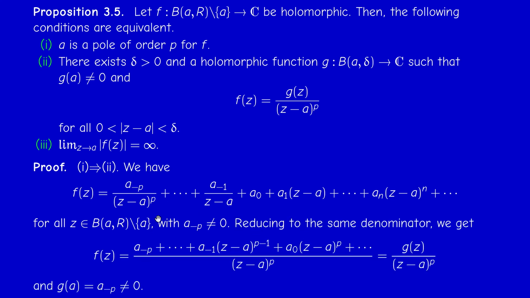If I reduce to the same denominator, I get this expression. Now the numerator is actually a power series, and I call it g of z. And g of a is a_{-p}, because all powers vanish except the first one, and this is not 0. And this is just 2.